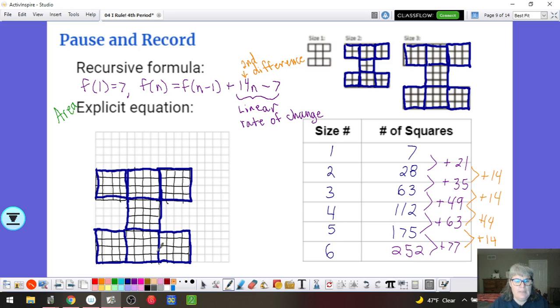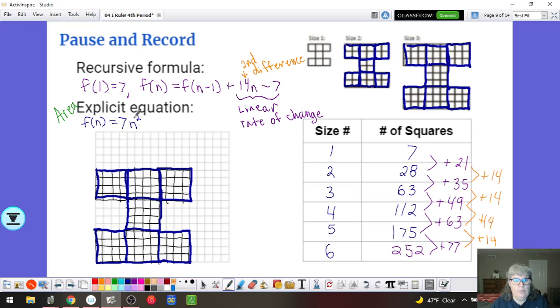So when I write my explicit equation, I start with f of n. I know that I'm taking the side length squared, and the side length matches the size number. And I have a total of 7 of these, so my answer is 7n squared. And we can test this.